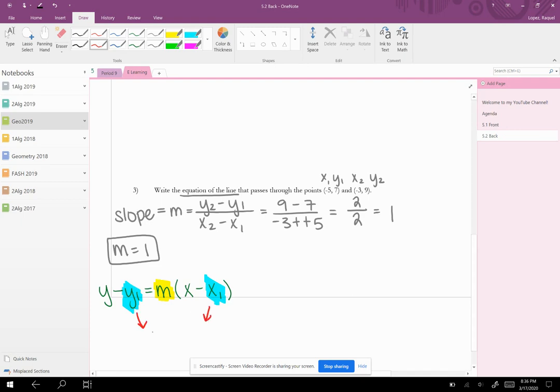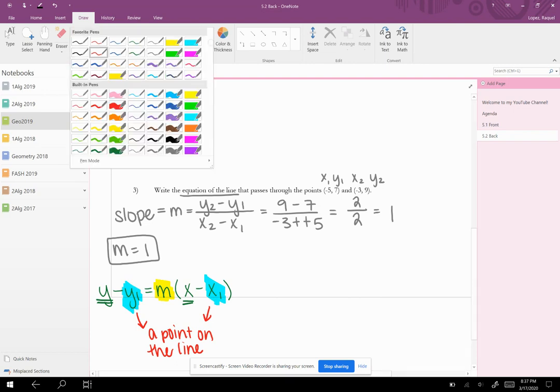These just represent a point on the line, okay? And then this x represents your input, this y represents your output. So as long as I've got a point, which I do, and your slope, you're good to go. You can plug and chug these into this structure.